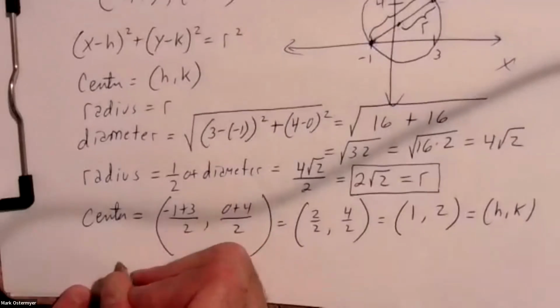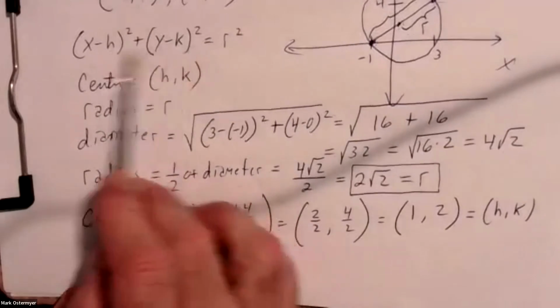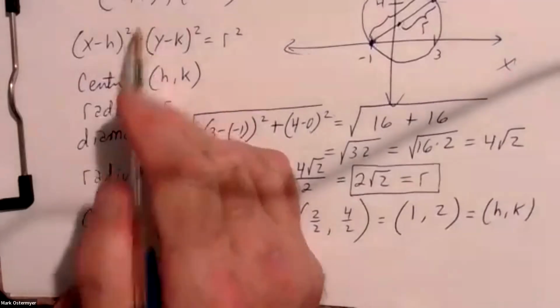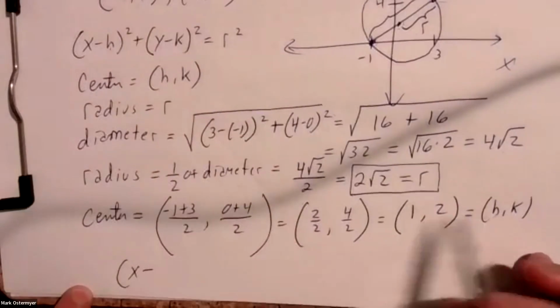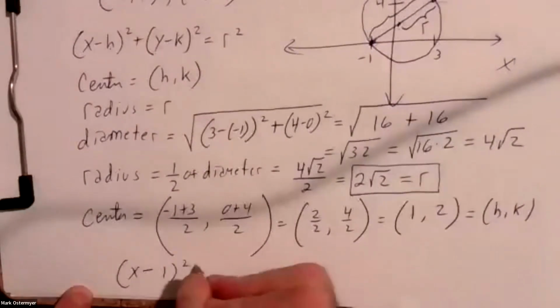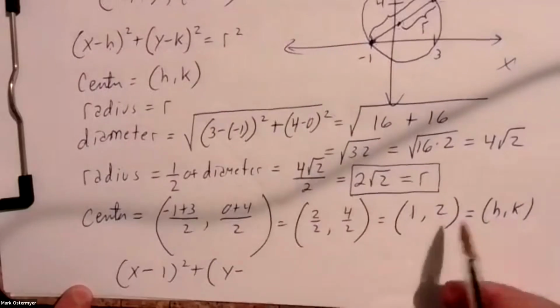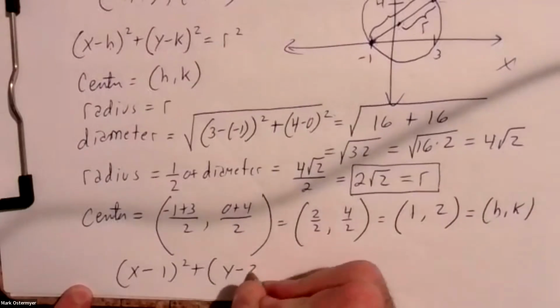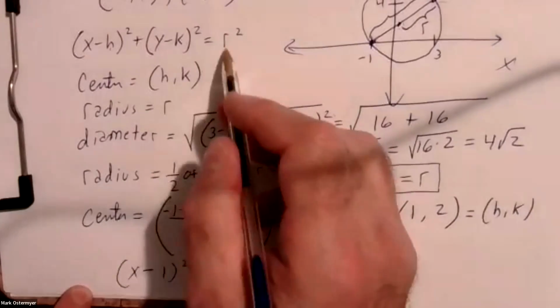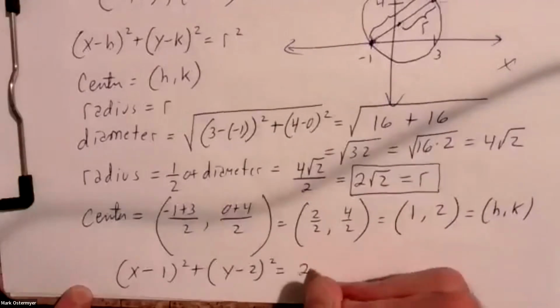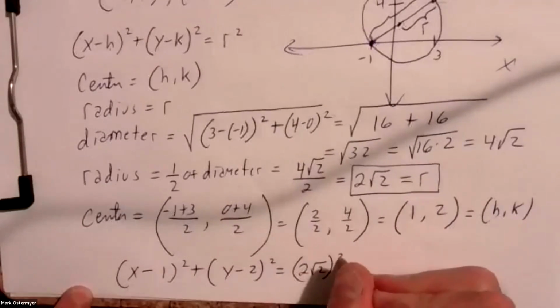All right, we're ready to write the equation of our circle. We know enough about it now, so we just fit things into our equation of a circle. So we have x minus h. What's h? h is 1. Plus y minus k. What's k? k is 2. Equal to our radius squared. Our radius is 2 root 2, and that has to be squared.